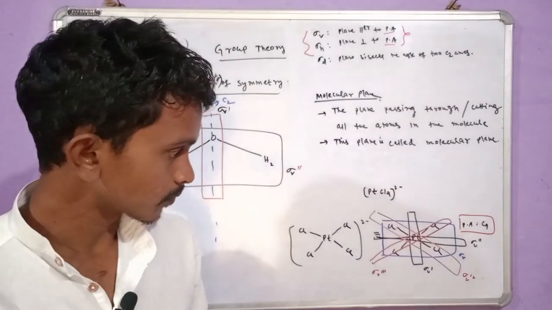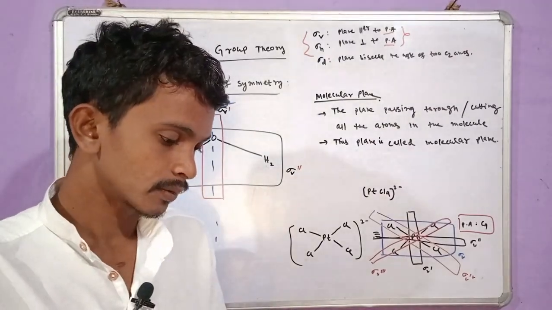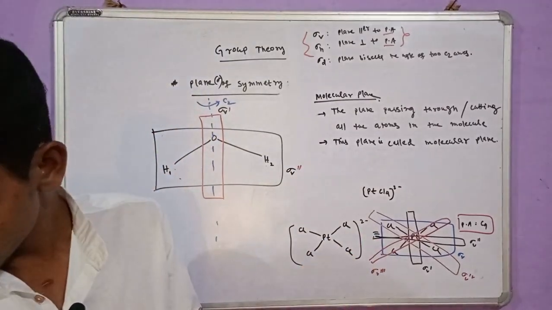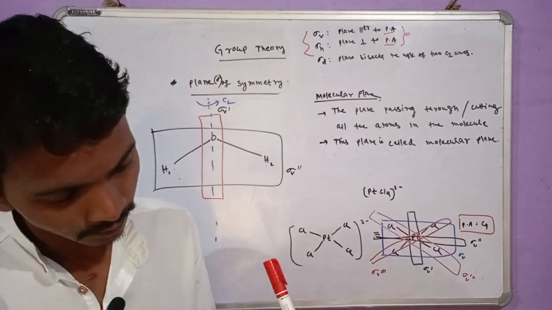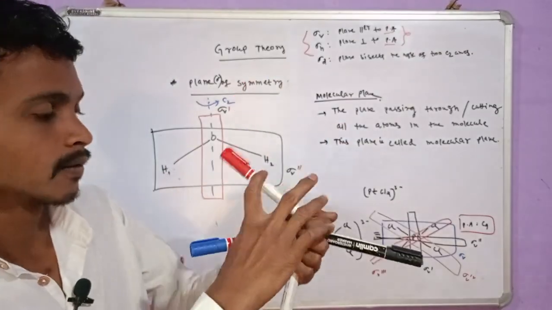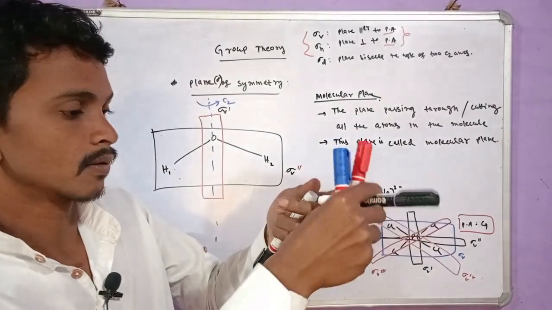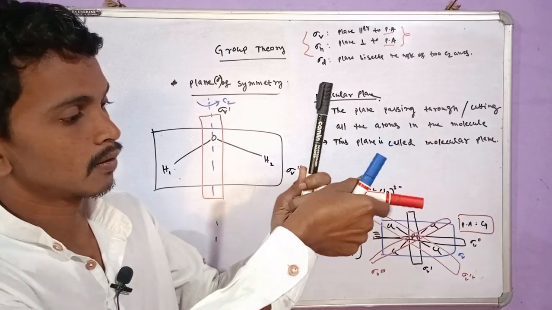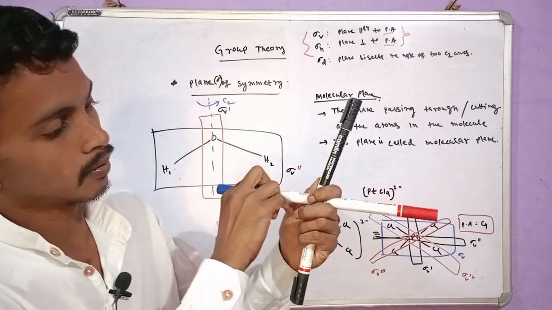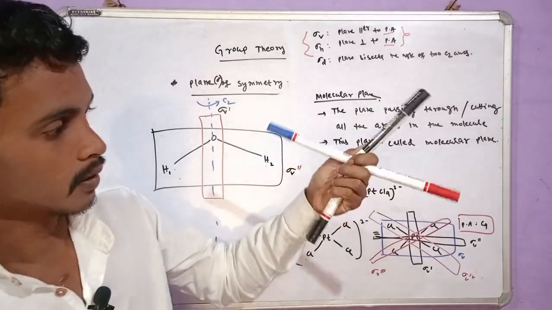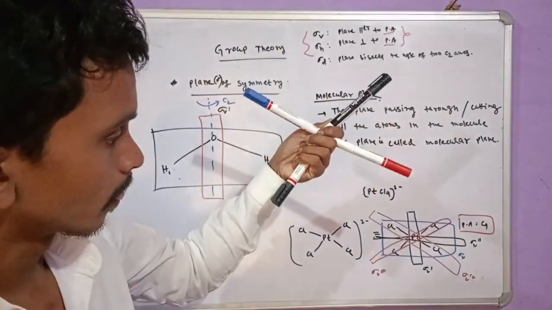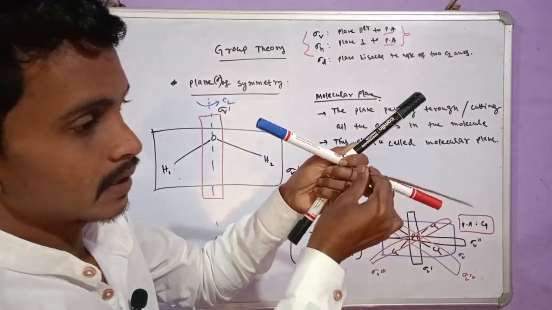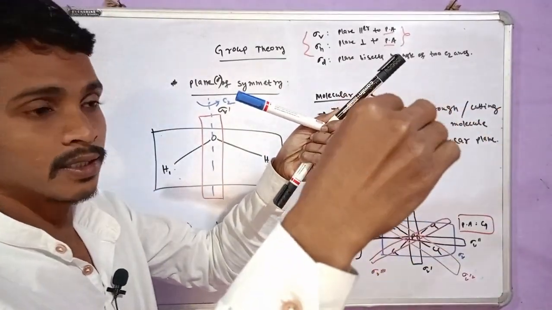This is a planar molecule, PtCl4. C4 is in this direction, and this is the principal axis.